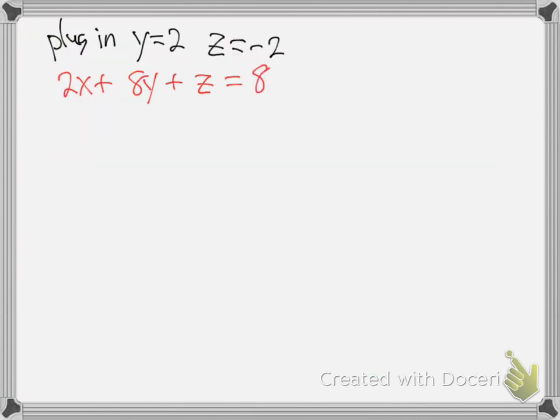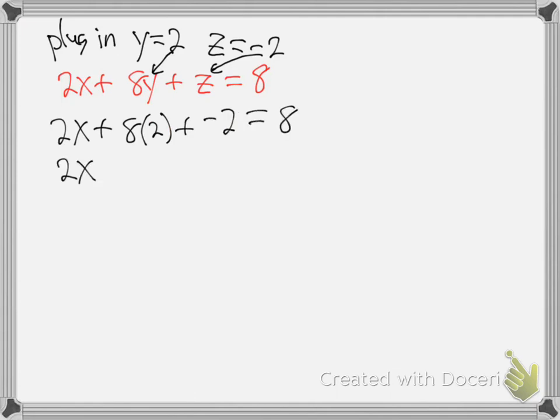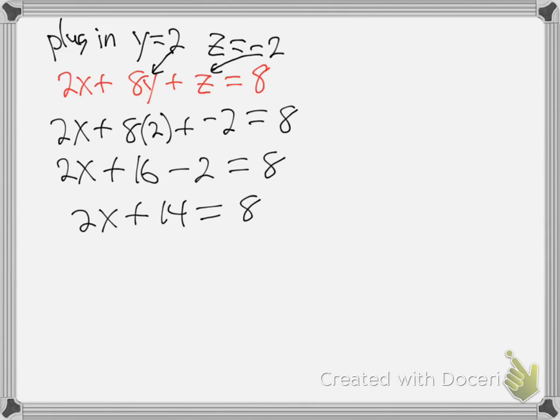So plug in y is 2, z is minus 2. We get 2x plus 8 times 2 plus minus 2 is 8. 2x plus 16 minus 2 is 8. 2x plus 14 is 8.